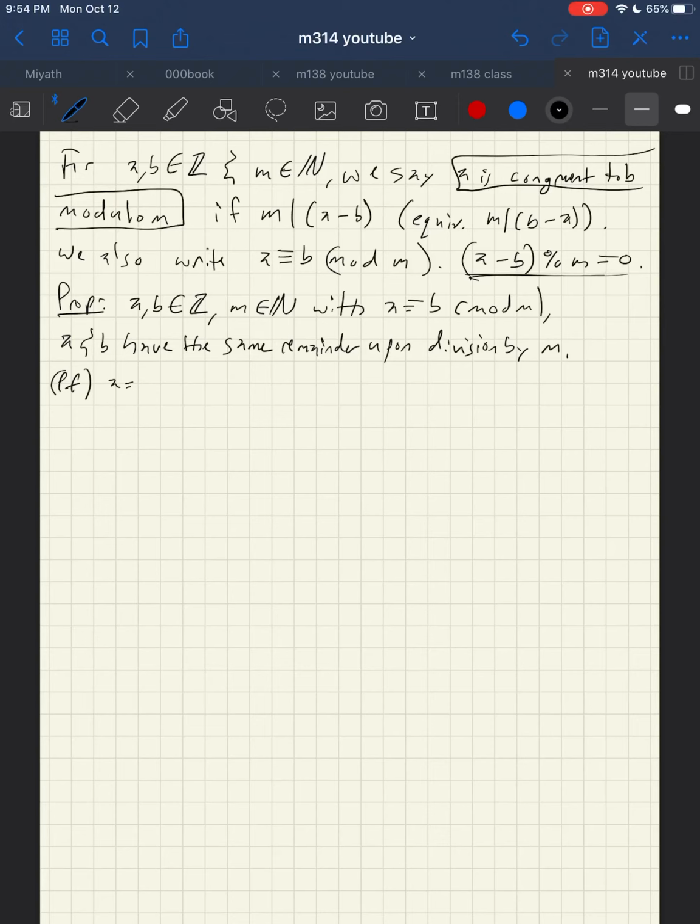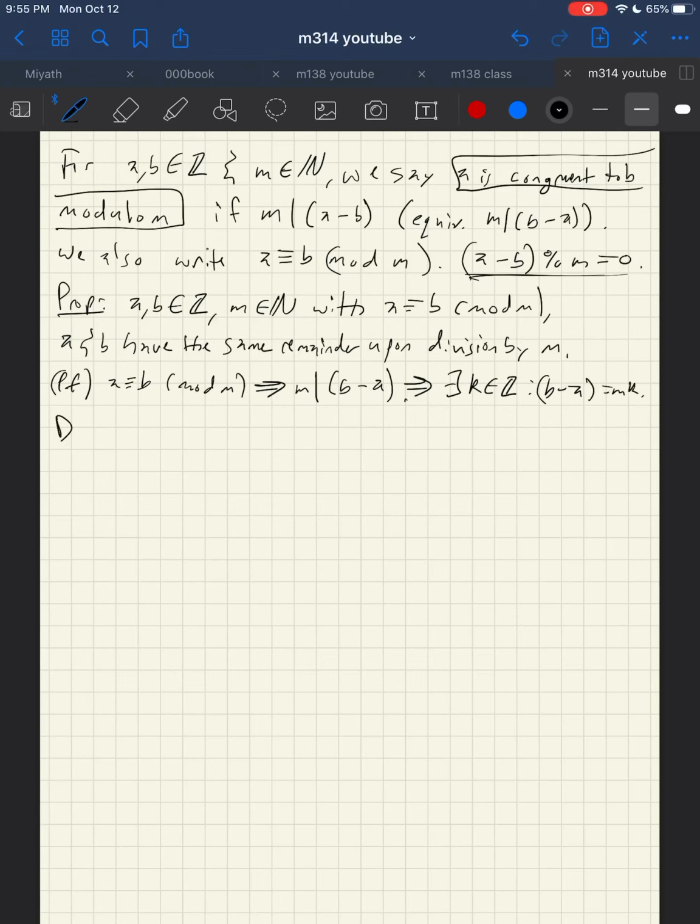So if we have that a is congruent to b mod m, we can interpret this as m divides the quantity b minus a. We can say a minus b or b minus a, either way. Now if m divides this quantity, that means there exists an integer k such that b minus a equals mk.